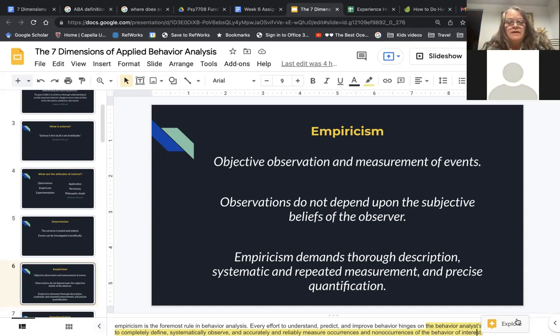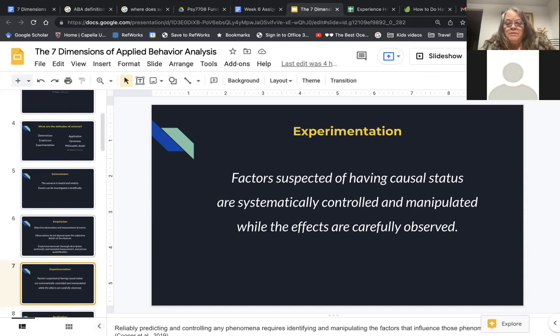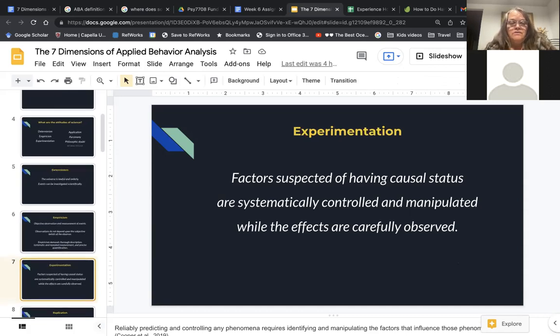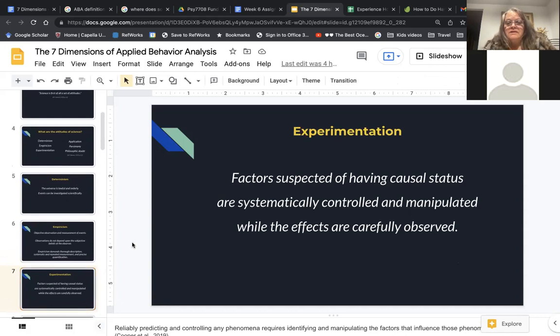So that's empiricism, and it's a fundamental rule of behavior analysis. Now, experimentation is also very important to behavior analysis. In experimenting, if we suspect that one thing may be causing something else, then in an experiment, we can systematically control and manipulate those variables and observe the effects, what happens when we manipulate those.